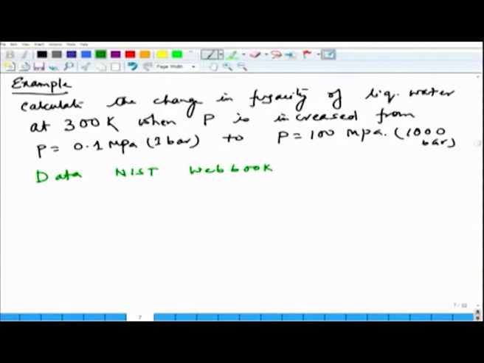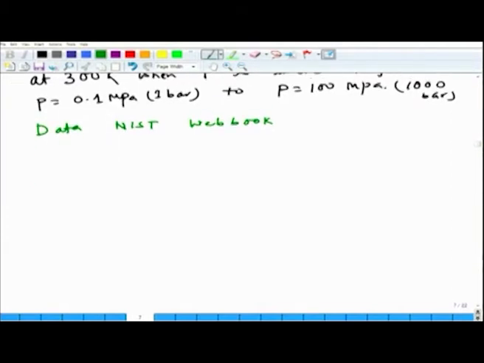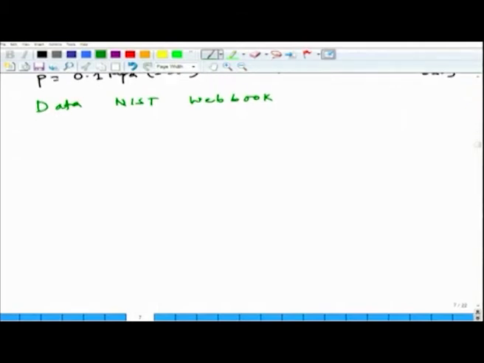You can just type it and get this information. What information do you need? Temperature is already given. What you need is the molar volume of liquid water as a function of pressure, because we are going to make use of the expression.